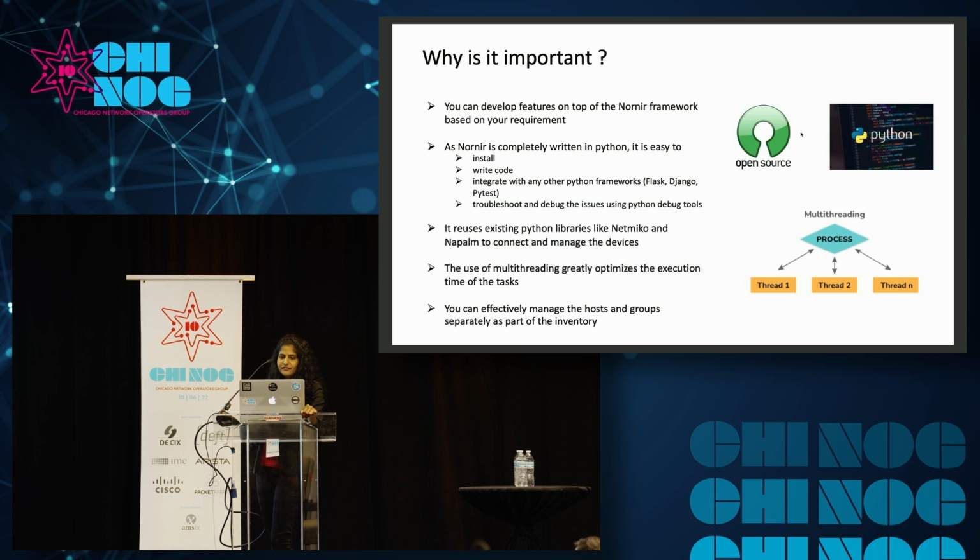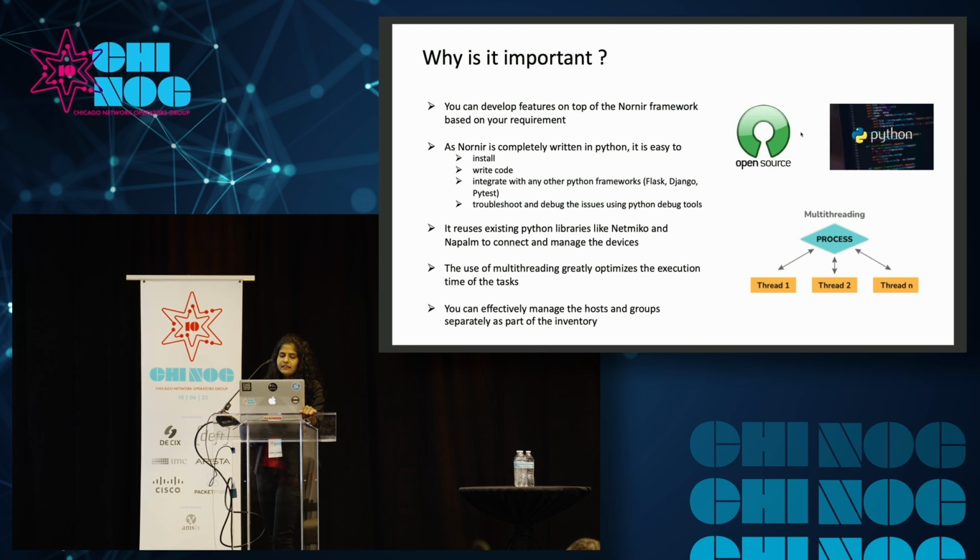It adds a lot of flexibility for you to add features on top of it. And it reuses existing Python libraries like Netmiko, Napalm to connect and manage the devices. It's completely written in Python, so it's easy to integrate with other Python frameworks, or it's easy to troubleshoot or debug the issues while you're executing Nornir.